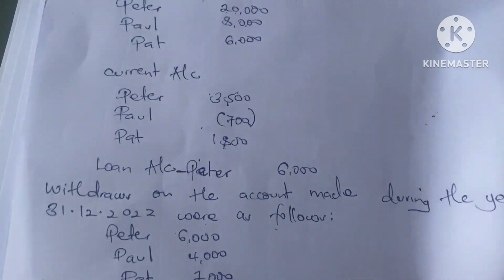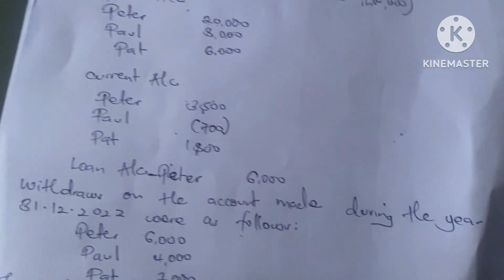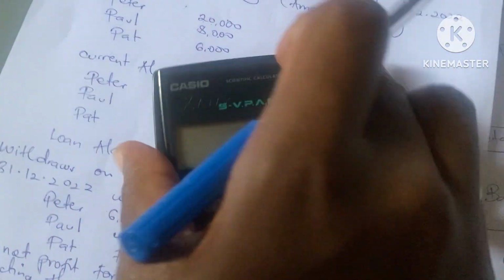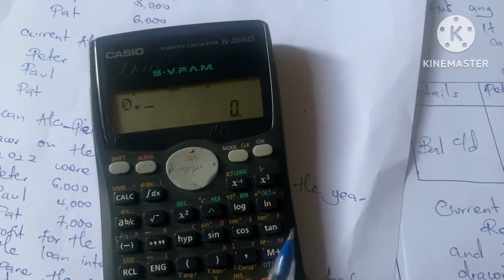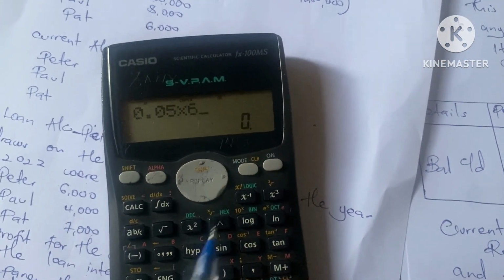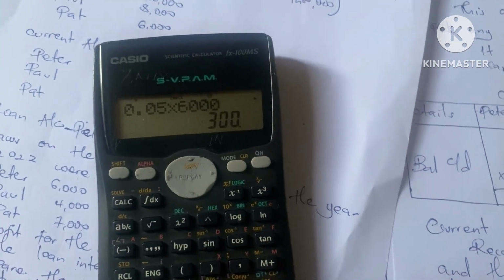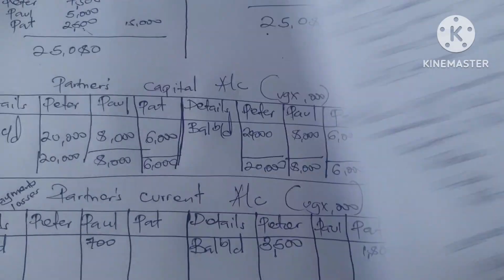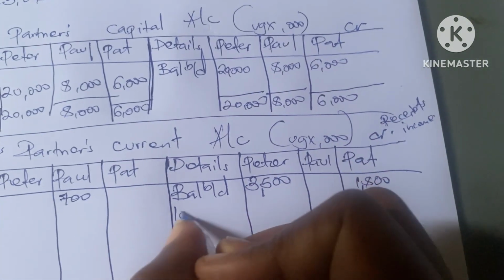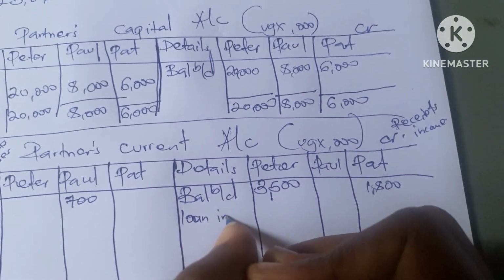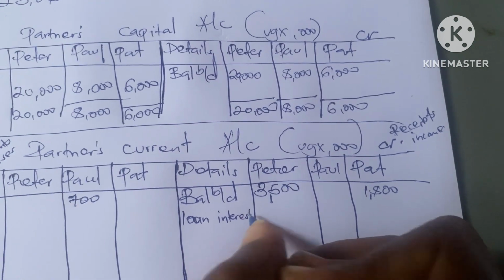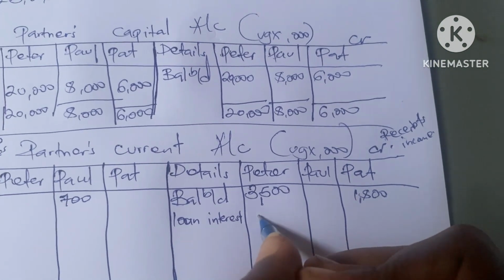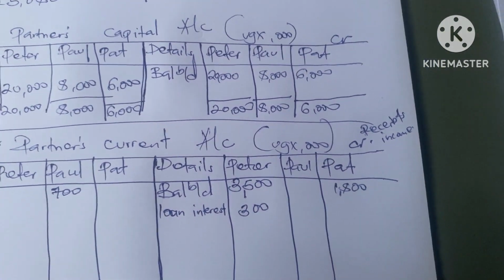So 5% of 6,000, which is 300. So loan interest, it is for Peter, so it is 300.